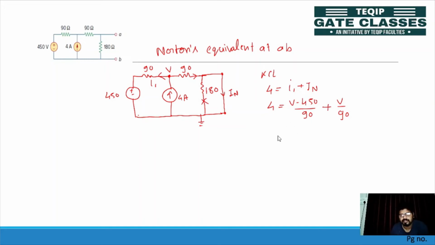What is V? 2V minus 450 is equal to 360. Okay, from here you will get the node voltage.